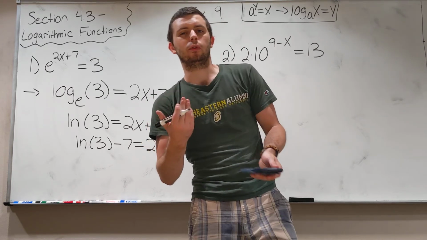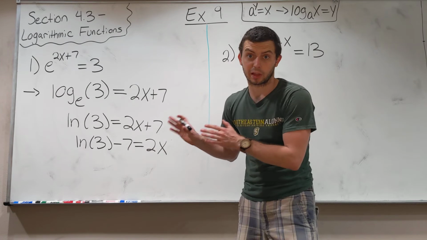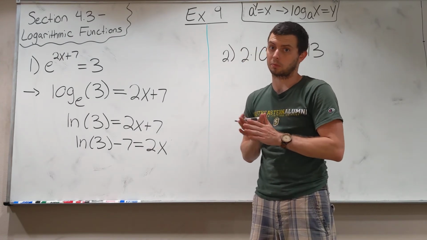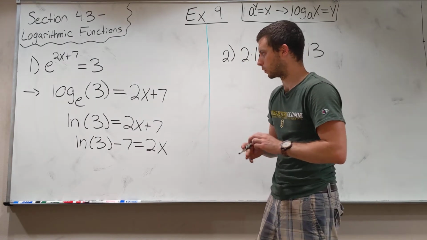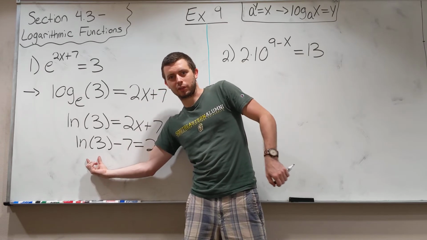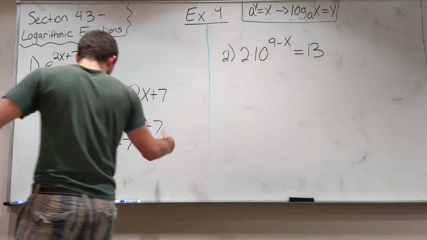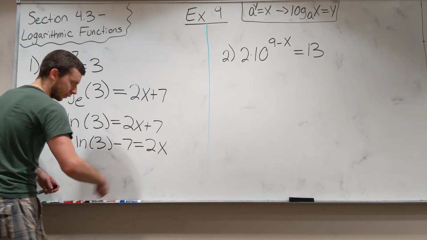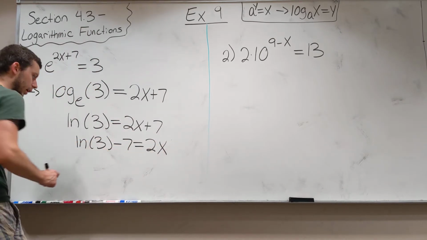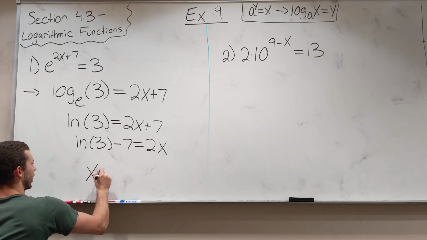The problem wants you to put an exact answer. It does not want you to get a decimal. You have this messy number, just let it linger around, as we'll see when we get x by itself by dividing by 2 on both sides. So finally what we have is exactly this.